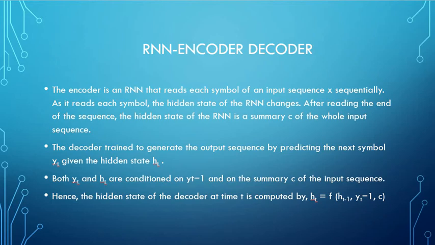There are two components of the proposed recurrent neural network, the encoder and decoder, that are jointly trained to maximize the conditional log-likelihood. That is, the max over theta of 1 by N, sigma n equals 1 to capital N.